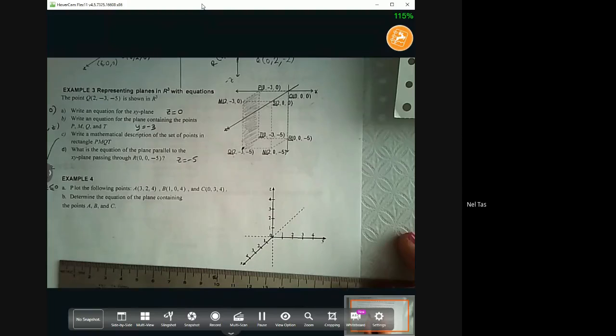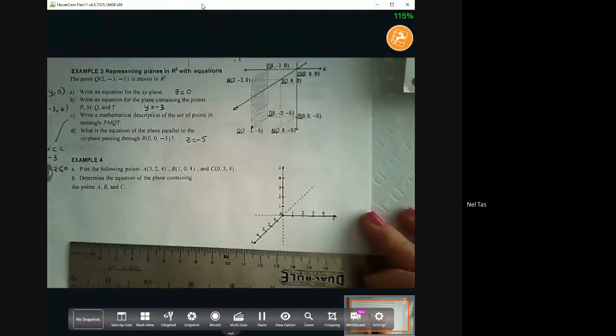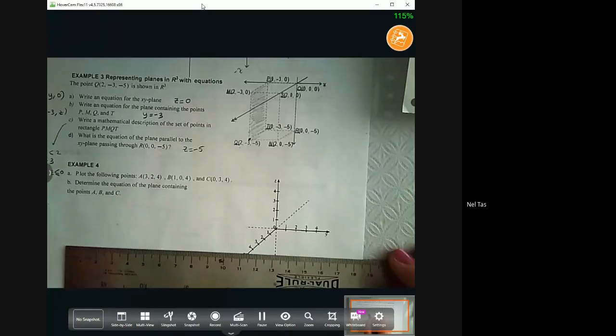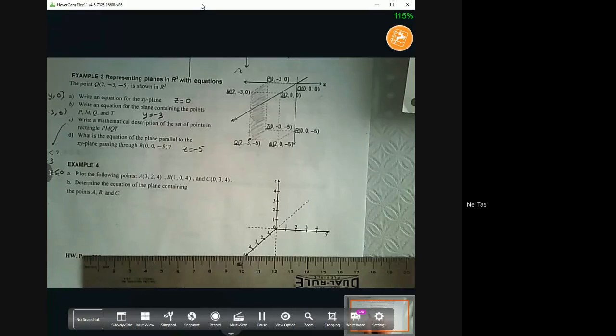Is your ruler ready? All right. Yes? Okay, excellent.